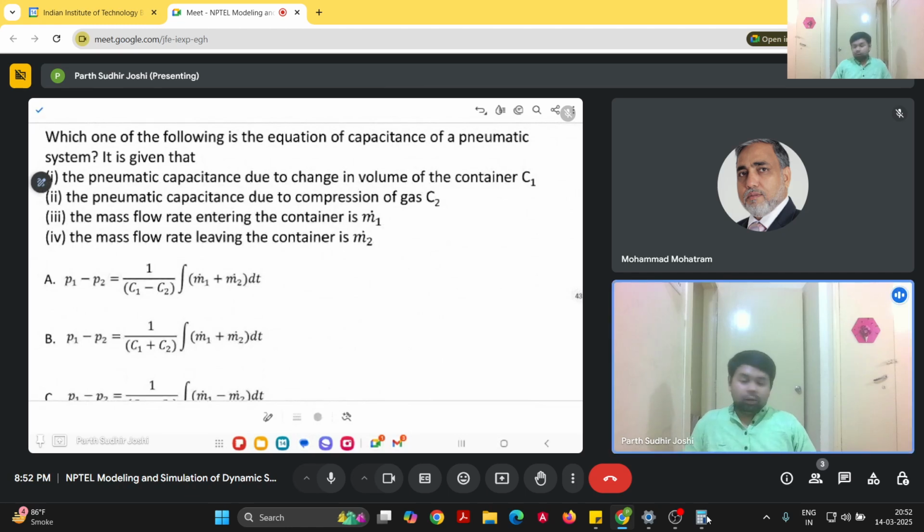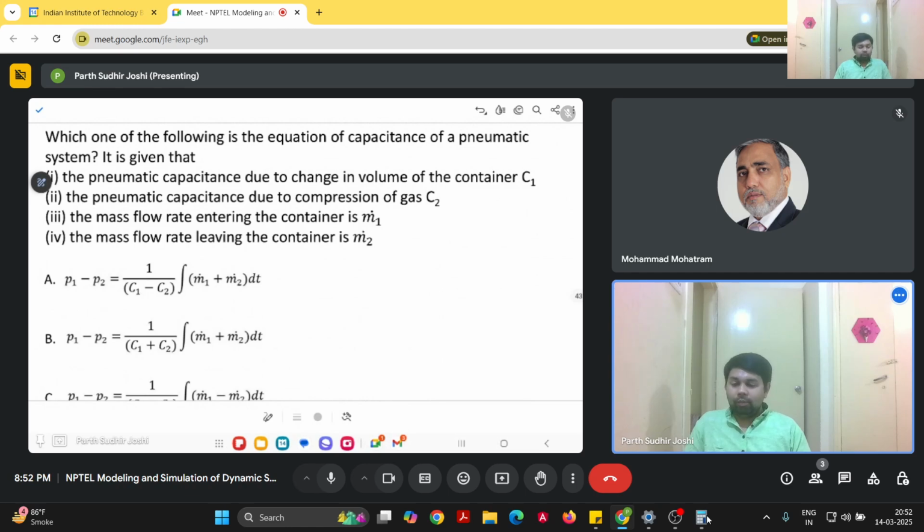Now we'll cover another example of a pneumatic system. While we define the capacitance of a pneumatic system, it generally has two parts.